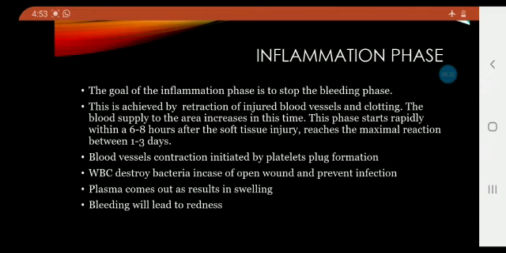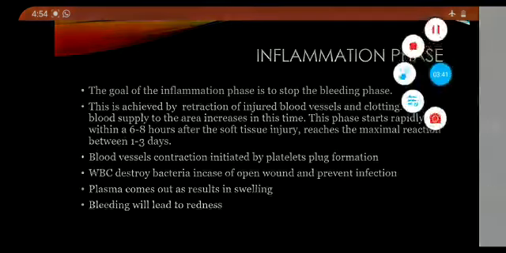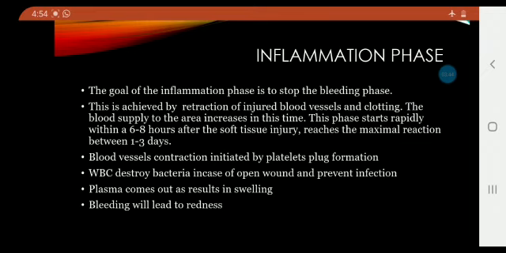It is because of the inflammation phase, which contracts your blood vessels so that more bleeding does not take place in that area. The blood vessel which got damaged by injury contracts with the help of platelets.